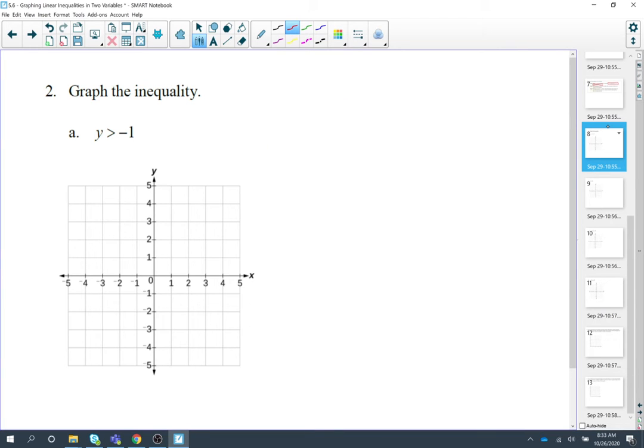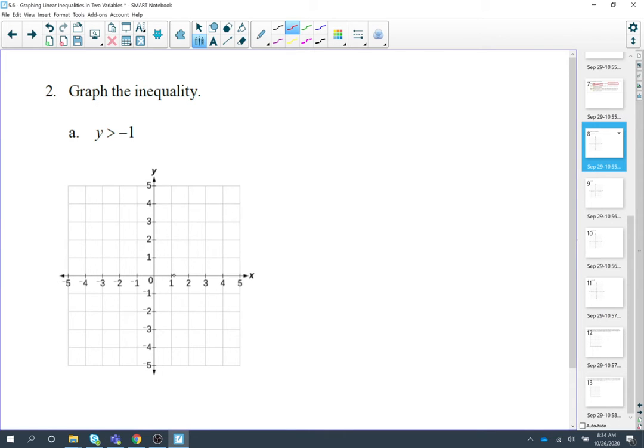Example 2, graph the inequality. Letter A, y is greater than -1. Now, this is simply y is greater than -1, so it doesn't have an x, so in this case we either have a vertical line or a horizontal line. The way I typically remember is I say, okay, y has to be -1, so x could be anything I want.